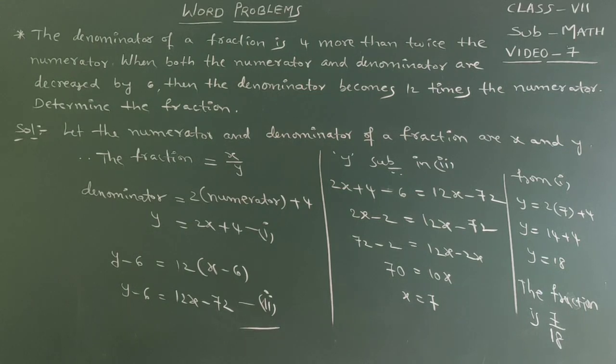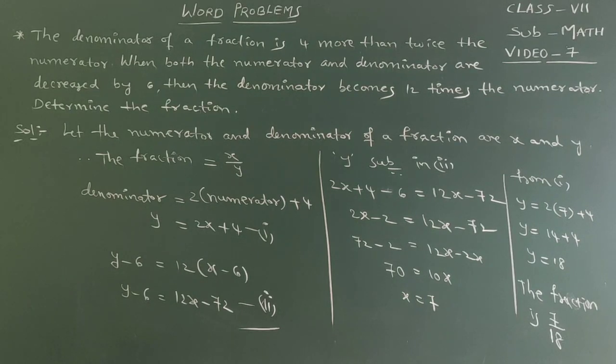Both decreased by 6 means y minus 6 and x minus 6. At that time, the denominator becomes 12 times the numerator. That's why y minus 6 equal to 12 times of x minus 6, which is 12x minus 72.